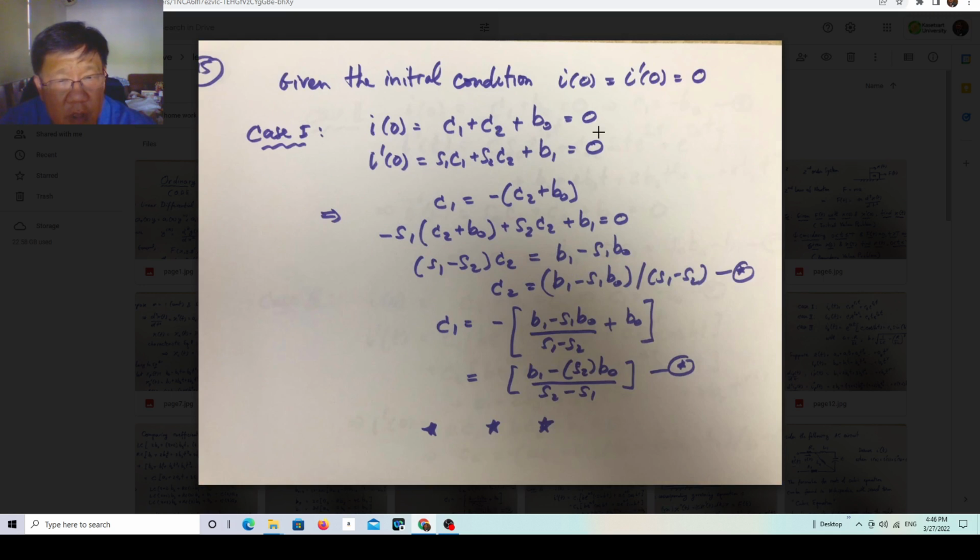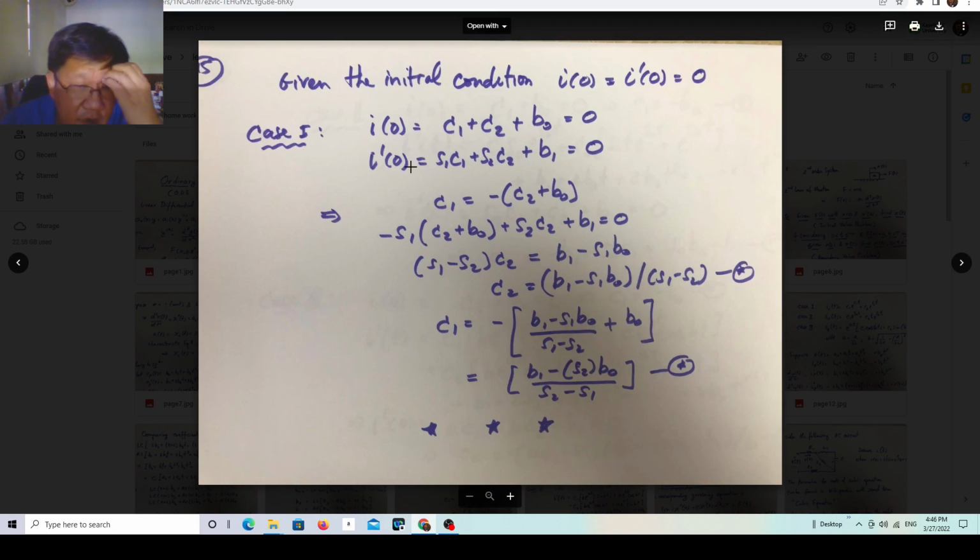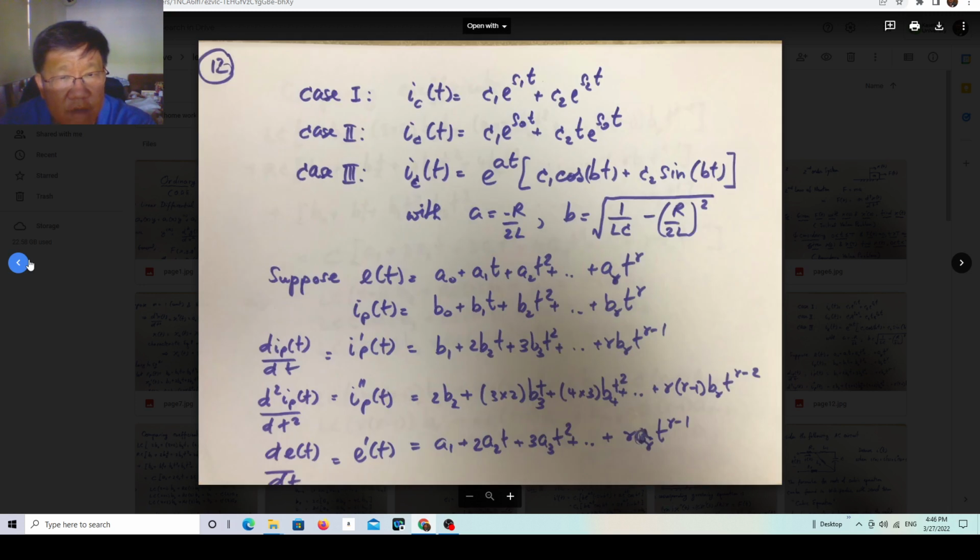So for the first derivative, you need to find the first derivative here, for case 1. The first derivative becomes C sub 1 S1 e to the S1 t plus C2 times S sub 2 e to the S2 t when you find the derivative of ICT according to dt.